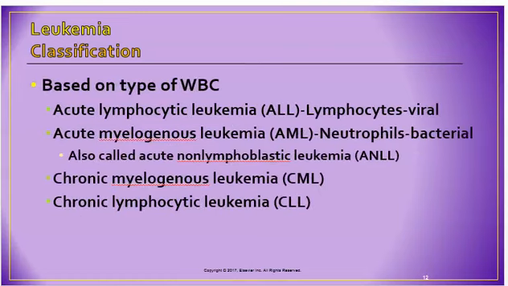So the classification is based on the type of white blood cell that is existing. Is it ALL? That's viral. Is it AML? Bacterial. And then you've got your chronic conditions, which is CML and CLL. Clients who have CLL and CML do not present with acute symptoms.